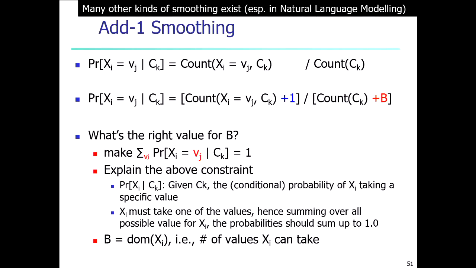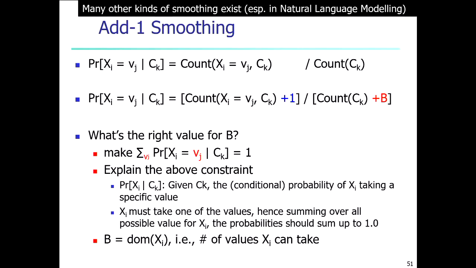So previously, when we computed the probability of xi equals vj given ck, we simply did the counting. We count the instances where xi equals vj and the class label is ck, divided by the total number of ck.